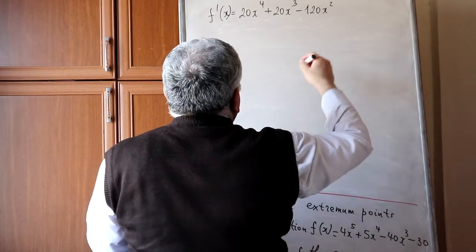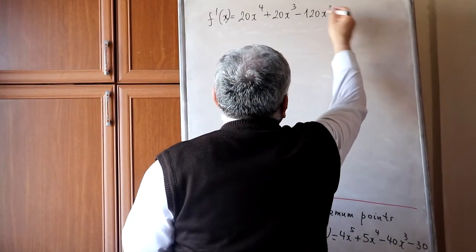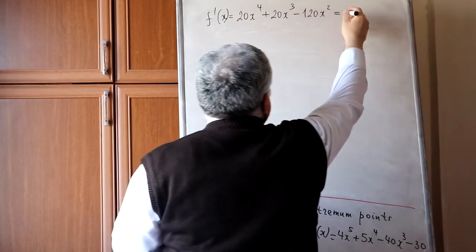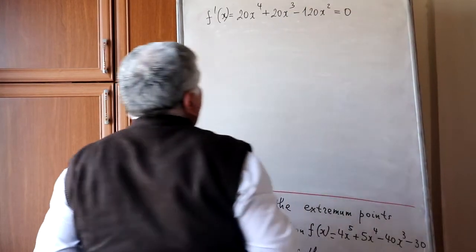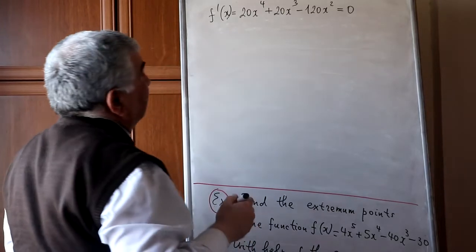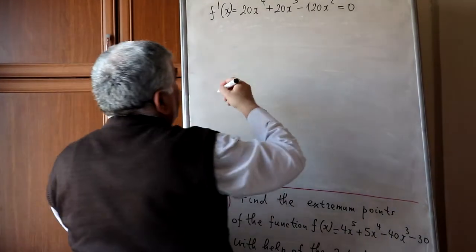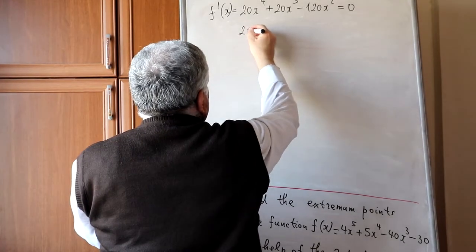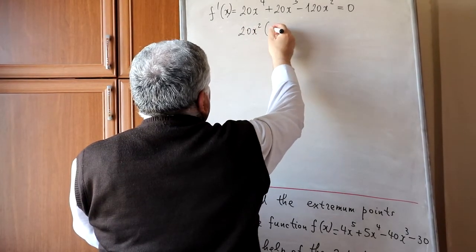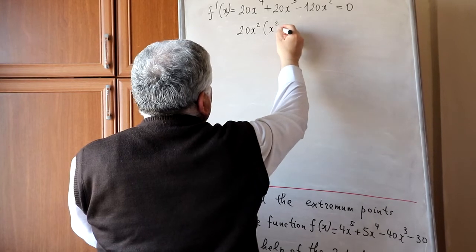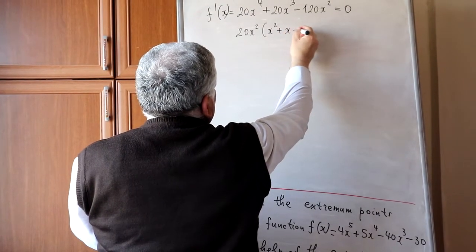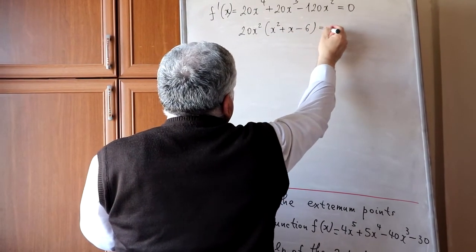Then equalize the first derivative to 0. Here we can take 20x squared out of the parentheses: 20x squared multiplied by x squared plus x minus 6 is 0.